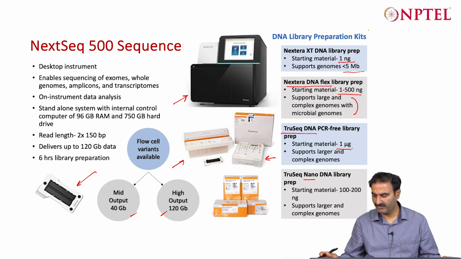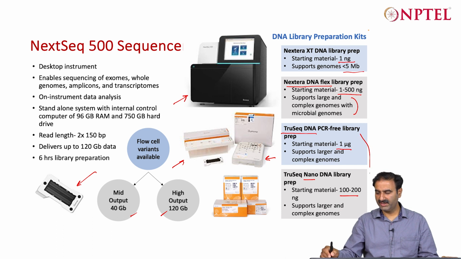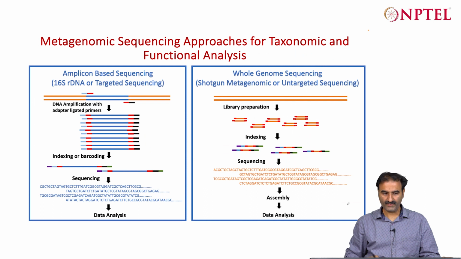TruSeq Nano can work with up to 200 nanogram of DNA. So these two are for the larger genomes, and Nextera is generally for the smaller genomes.